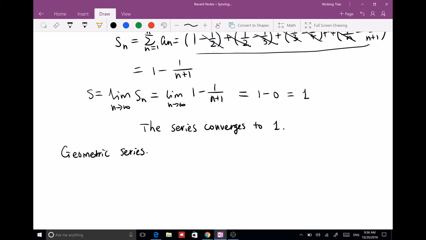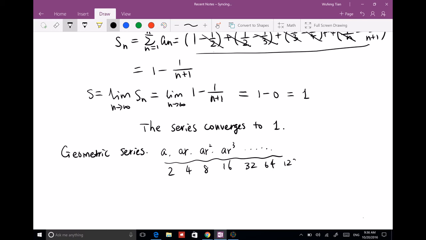There is a common ratio between two consecutive terms. The first one is a1, the second one is a times the ratio, the third one is a times the ratio squared, the fourth one is a times the ratio cubed, and so on. For example, 2, 4, 8, 16, 32, 64, 128, continuing, 2 to the power n plus 1. They all have a common ratio between two terms.